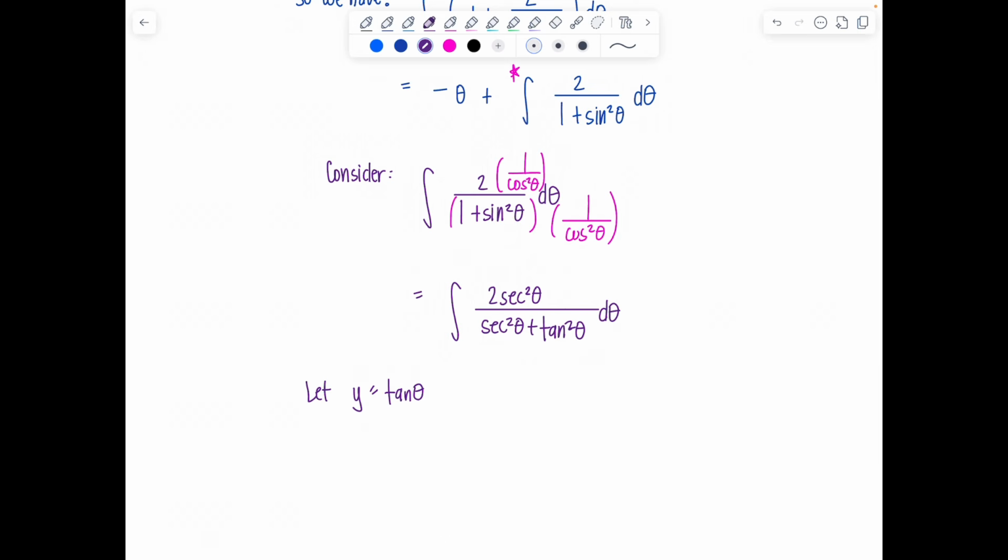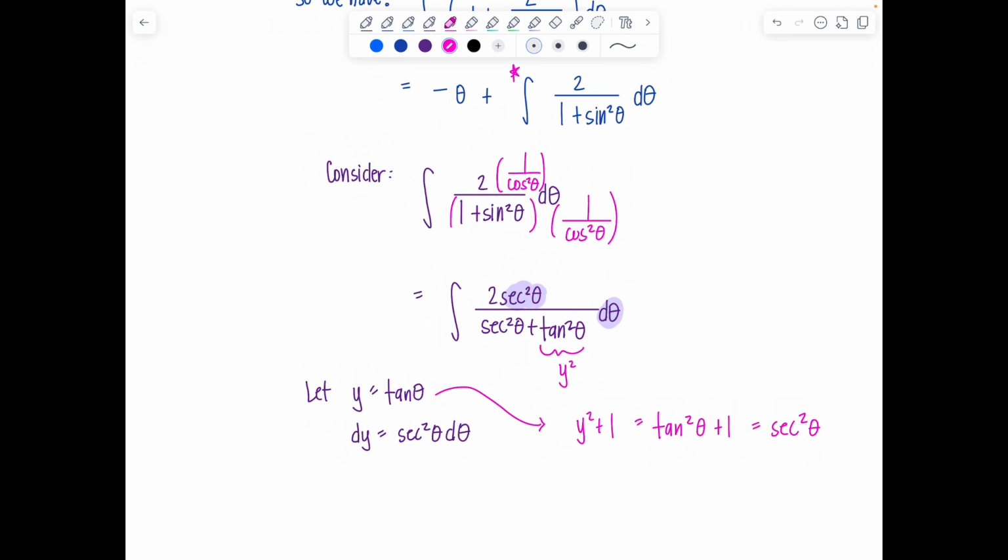And then dy is going to be, yes, secant squared theta d theta. Do I have that right here? Secant squared theta d theta. And then this is going to be y squared. And then you might say, but what about the extra secant squared? Have no fear. y squared plus 1 is tangent squared theta plus 1, which is secant squared theta, is it not?